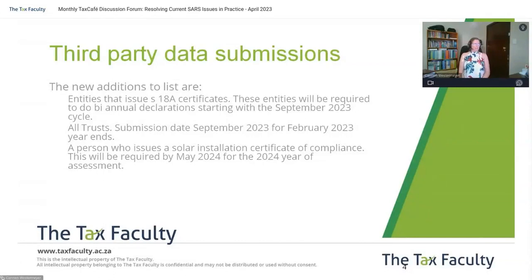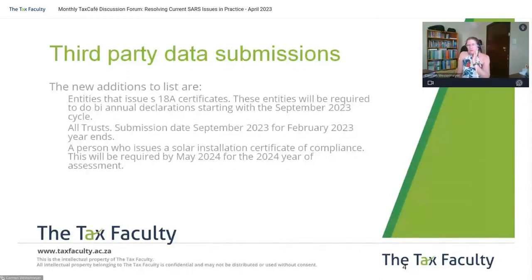An additional criteria for third-party data submissions is the electrical engineers who go and submit completion certificates. So in other words, if you are issuing a certificate that an individual taxpayer will be relying on to be able to claim the individual electrical rebate, being that 15,000, I have to go and upload a completion certificate.